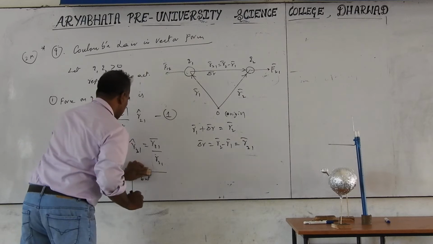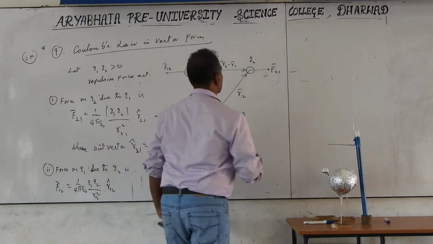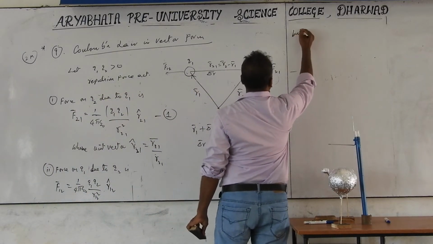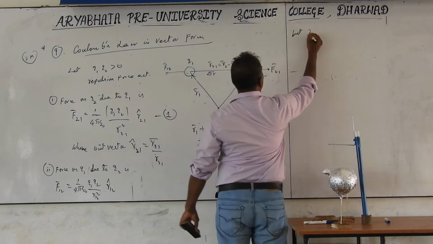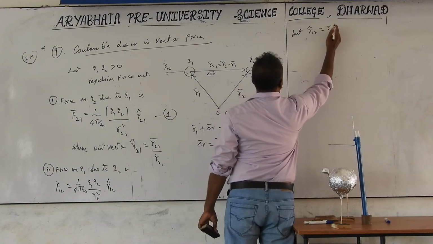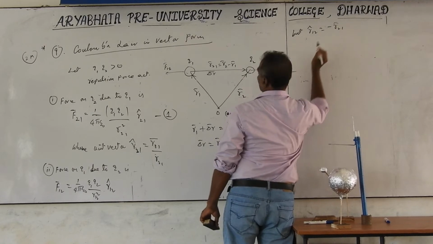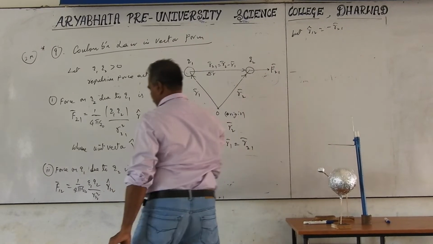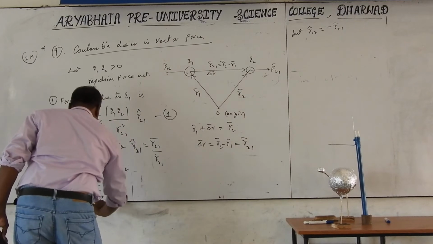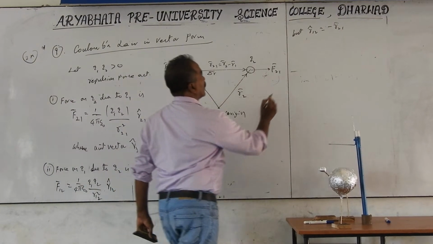But here R12 cap equals minus of R21 cap. I can find the magnitudes from the denominator.